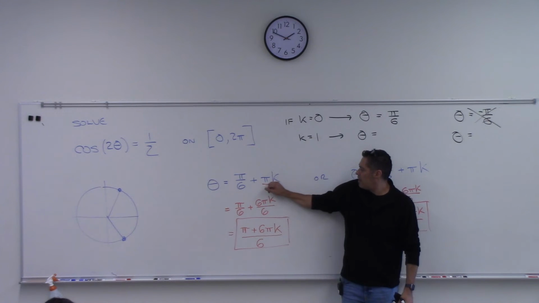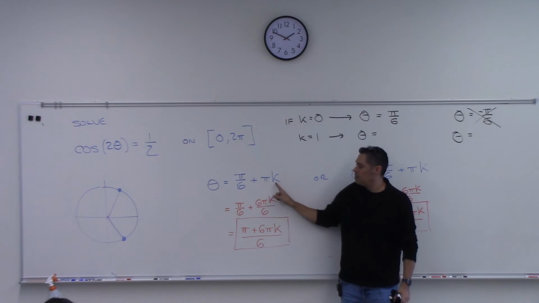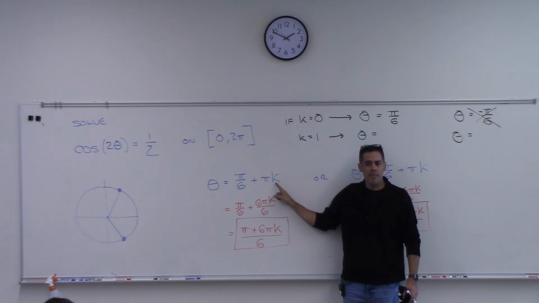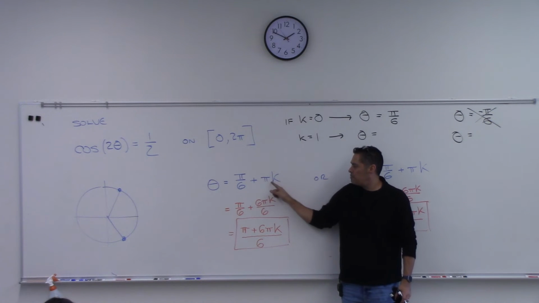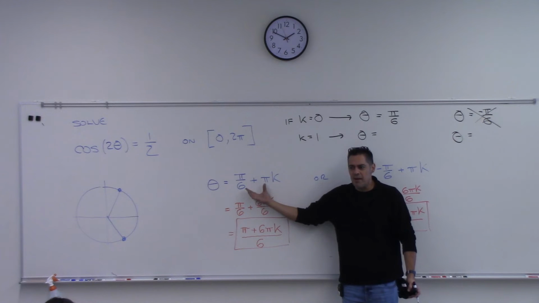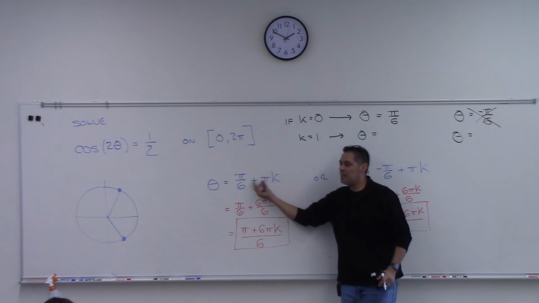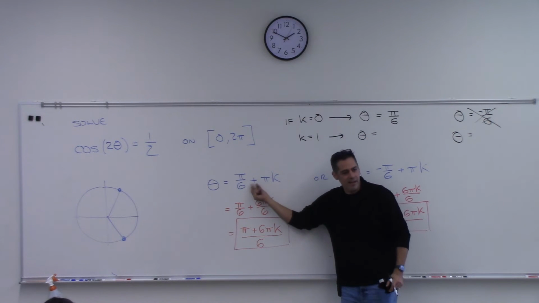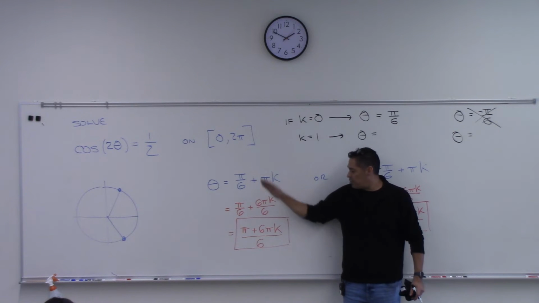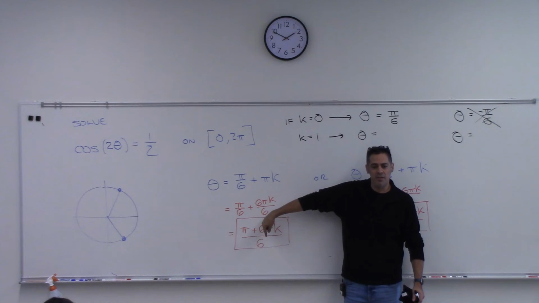But what if you plug in 1 right here? What are you going to have to do? What's pi over 6 plus pi? You're going to have to put them together, right, and get a common denominator, right? So you're going to have to find a common denominator here anyway. And then when you let k be 2, you're going to have to do it again, common denominator, and then again, over and over. So why don't we just do it one time in general, and then we can just keep using this formula.